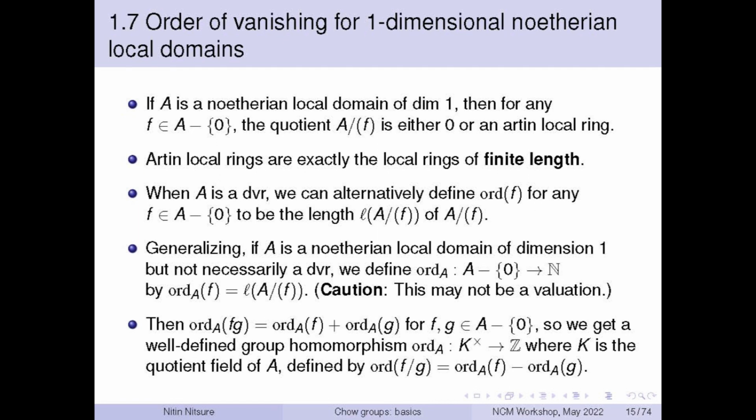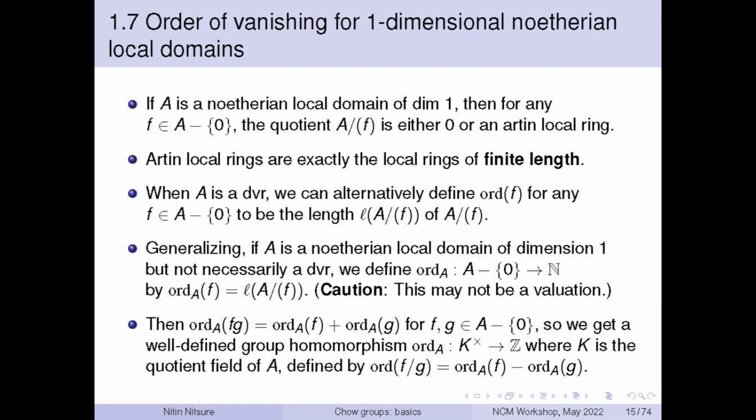The problem was this x was not 0, but it was a zero divisor. So later on we'll say that, if you want things which are not integral domains, then be careful to go modulo non-zero divisors. And that's where your associated primes are going to come up. You have to keep away from the associated primes if you want to be a non-zero divisor. Zero divisors is exactly the union of associated primes.